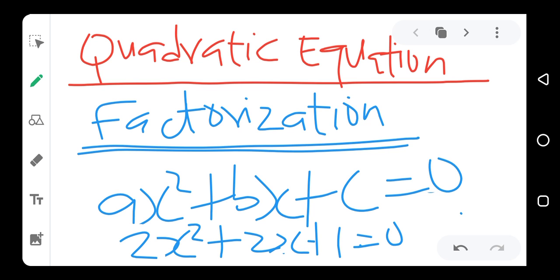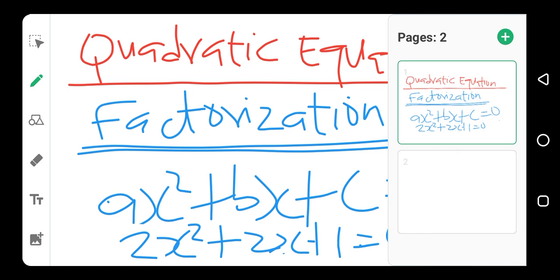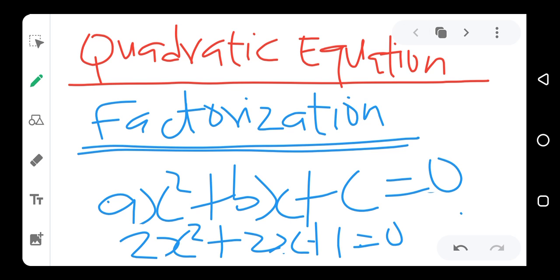When we have a that is greater than 1, what we do is that we come to this equation, we multiply a and c. We find the value for a and c, the multiplication of a and c, whatever it gives us, we note it. Then we look for this value, b.